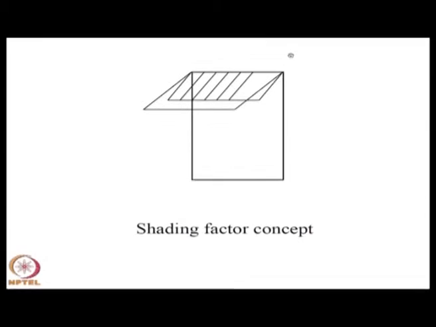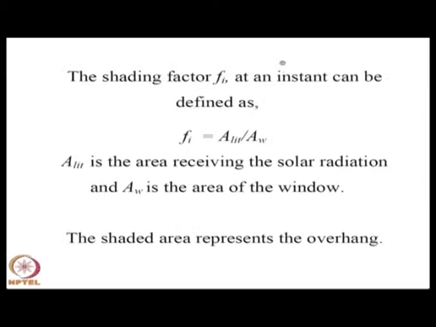So, that is the shading factor concept, and I think the one without the lines is the overhang and this one is the shadow. At any instant, the shading factor Fi is A lit by AW.